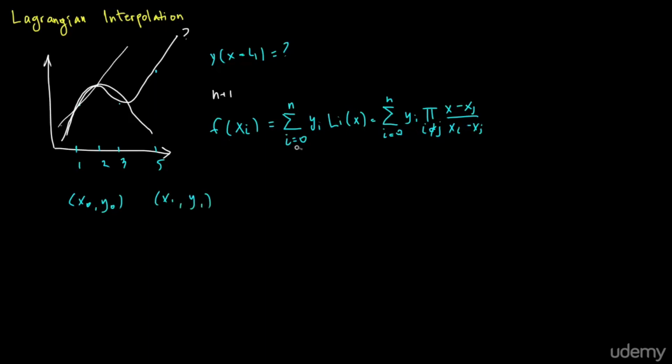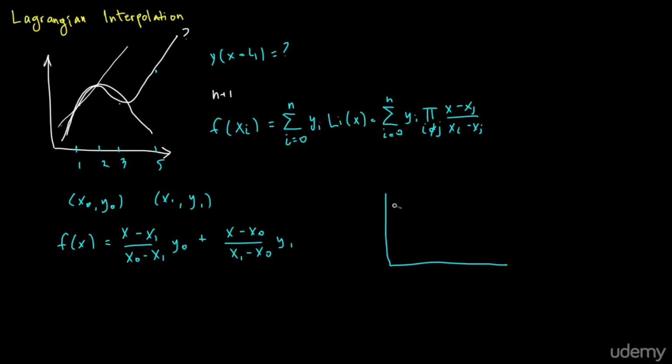You can formulate this for 2 points, and it would look like this: f of x is equal to x minus x1 divided by x0 minus x1 times y0, plus x minus x0 divided by x1 minus x0 times y1.